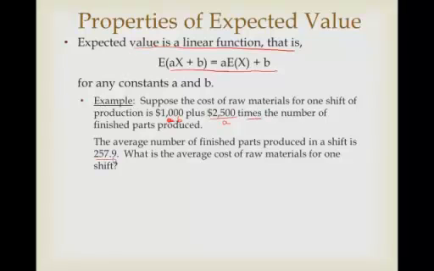What's the average cost of raw materials for a single shift? Well, we just figured out the expected value right here, well, we didn't figure it out because they gave it to us. So the expected value of the cost is going to be 2,500 times the number of parts plus 1,000.